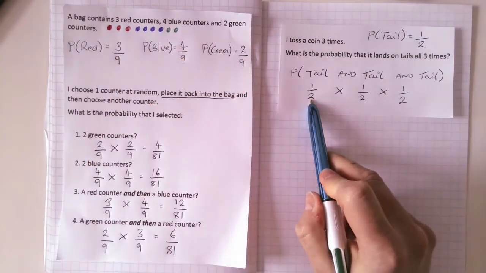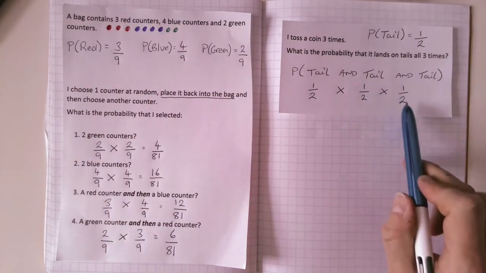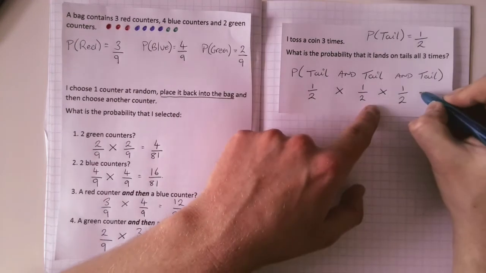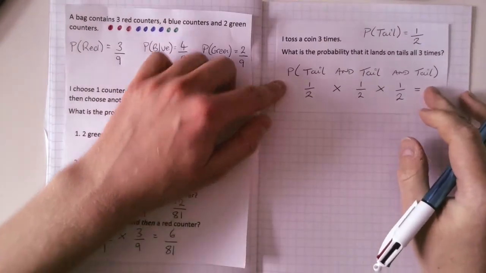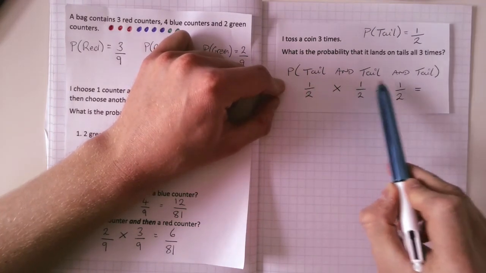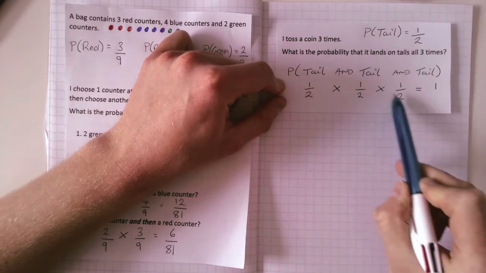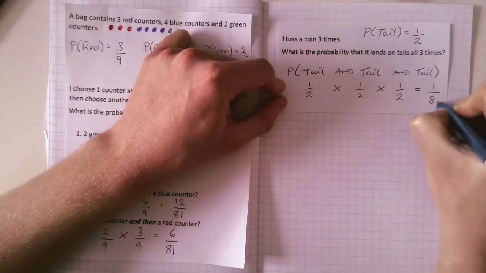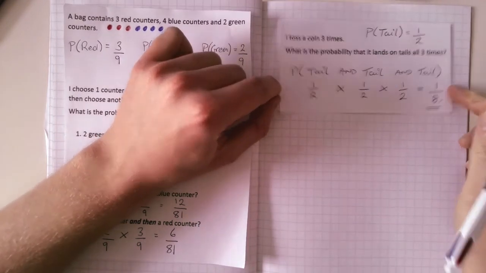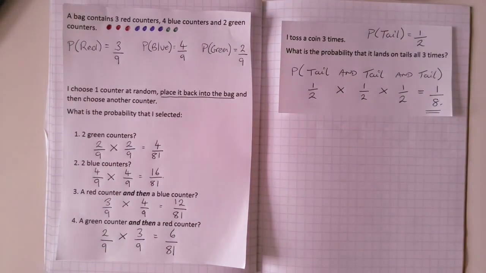So that's a probability of a half on the first go, half on the second go, and a half on the third go as well. So multiplying 3 fractions is exactly the same. 1 times 1 times 1 is 1. 2 times 2 times 2 is 8. So the probability of me getting 3 tails if I toss the coin 3 times is 1 out of 8.